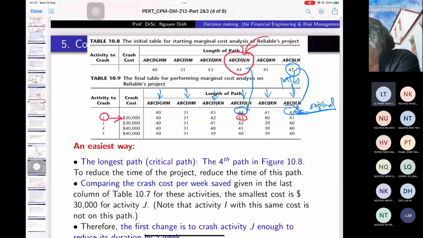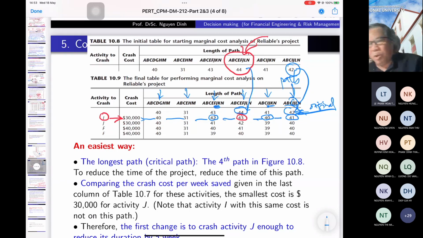This path contains J here. Is that okay? And so it's reduced 1 week into 42. And this path contains J, and so it's reduced 1. And this path also contains J and reduced 1. Is that okay?